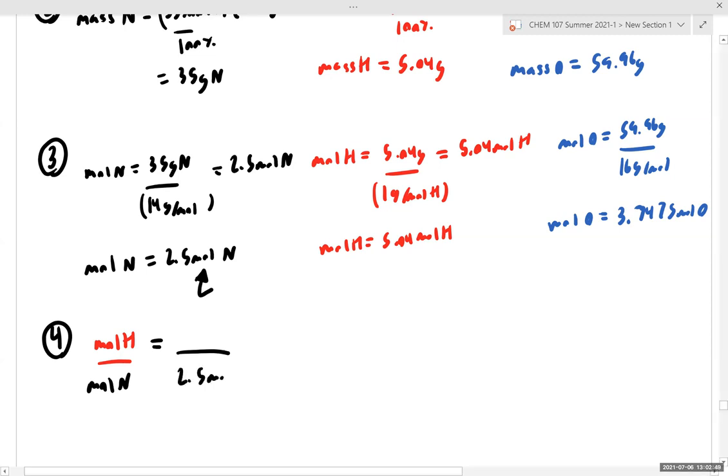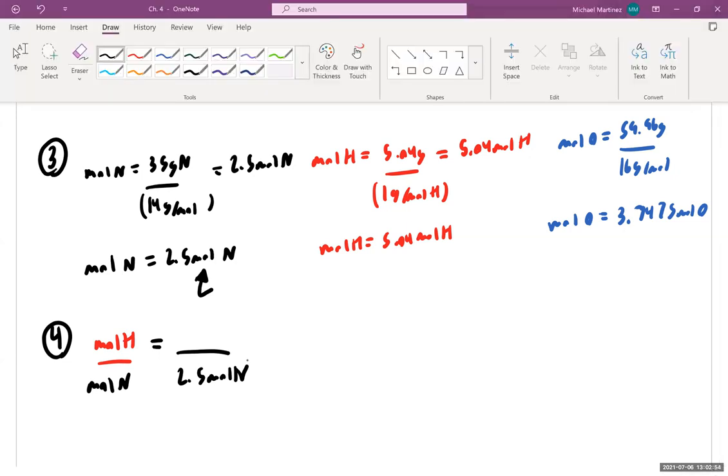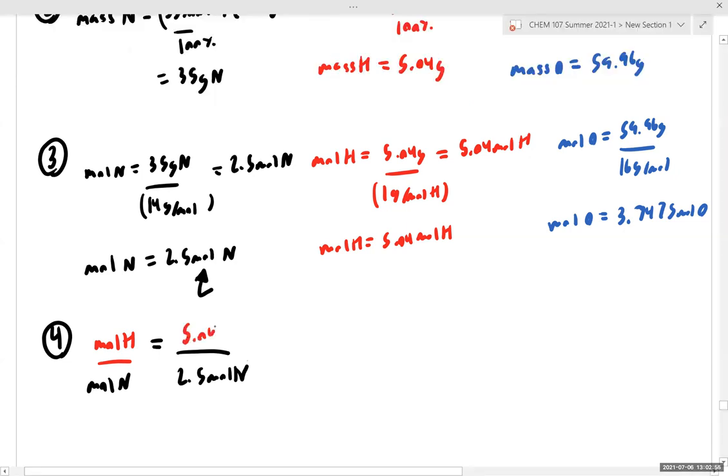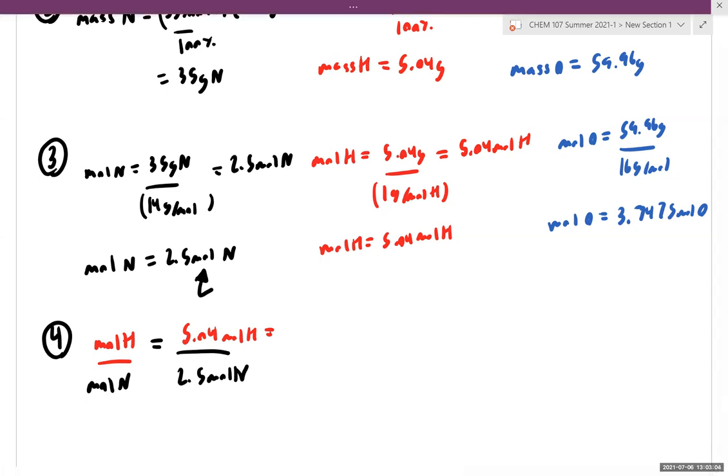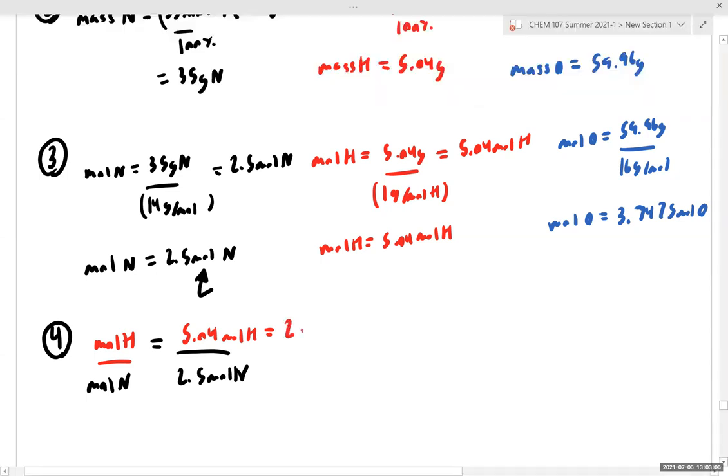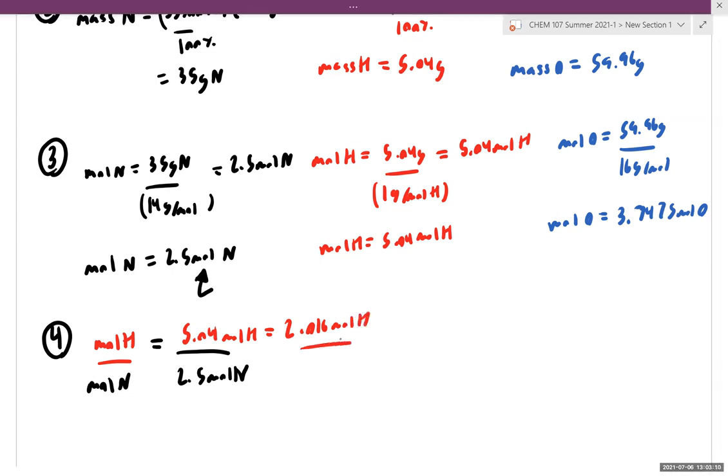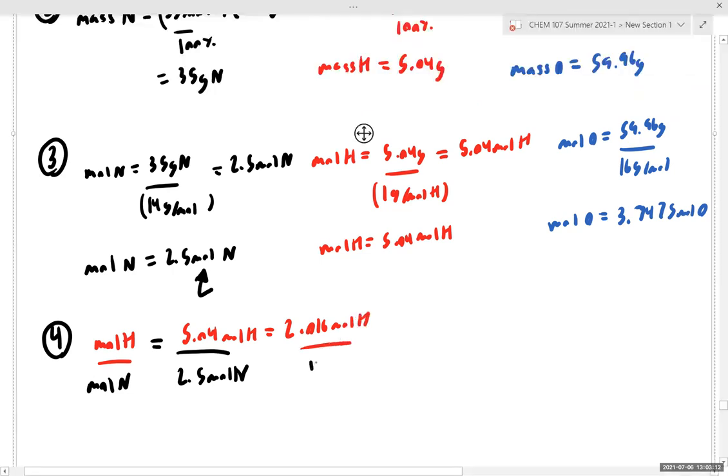We take our moles of hydrogen and divide it by the moles of nitrogen. We have 5.04 over 2.5, and that gives us a ratio of 2.016 moles of hydrogen per 1 mole of nitrogen.